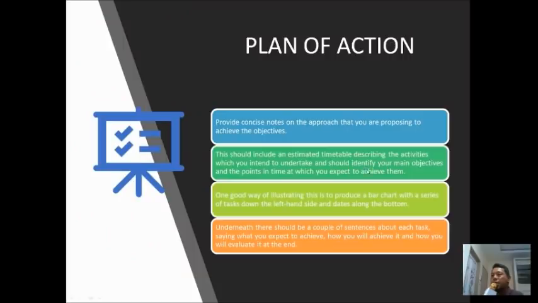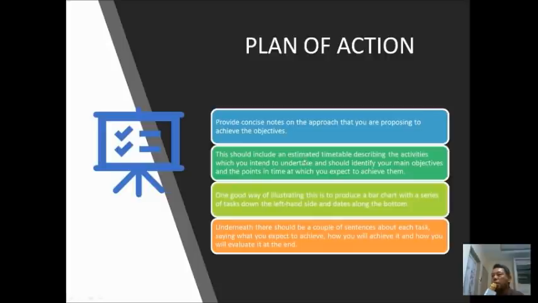Okay, and then in terms of the details, plan of action. Okay, provide a concise note on the approach that you are proposing to achieve the objective. This should include an estimated timetable describing the work which you intend to undertake and should identify your main objective.